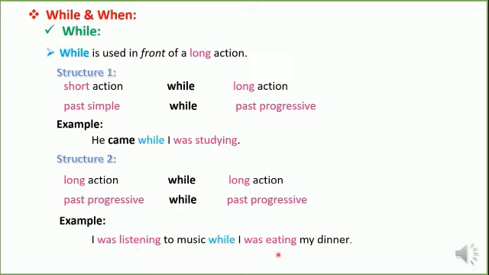While I was eating dinner, I was listening to music. Both actions happened in the past and continued for a certain period of time, so we use the past progressive tense. I was eating my dinner at the same time I was listening to music.